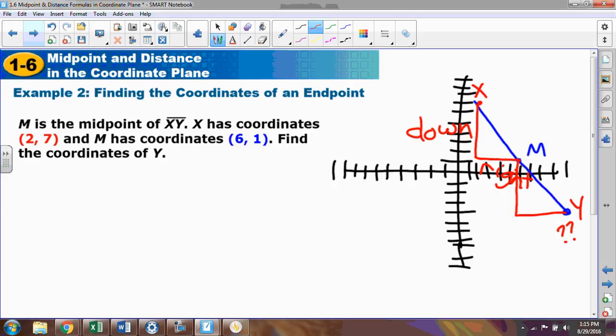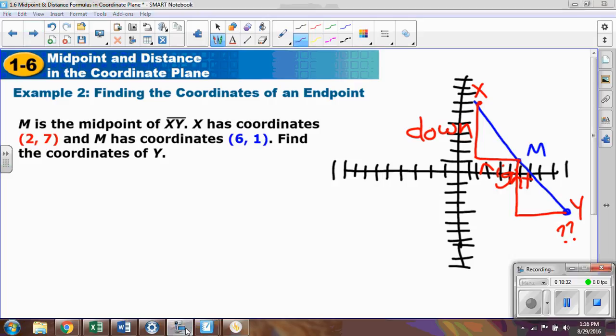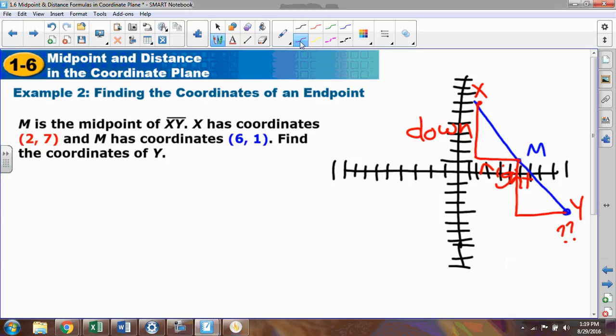And so what we're checking, since we're trying to match this down and right pattern, we of course have to figure out how far we went. We can identify that by saying 2 goes over to 6. How much of a change was that?